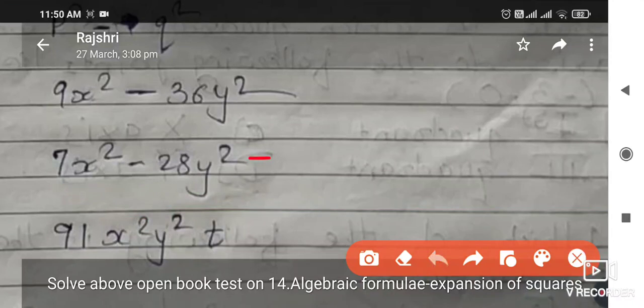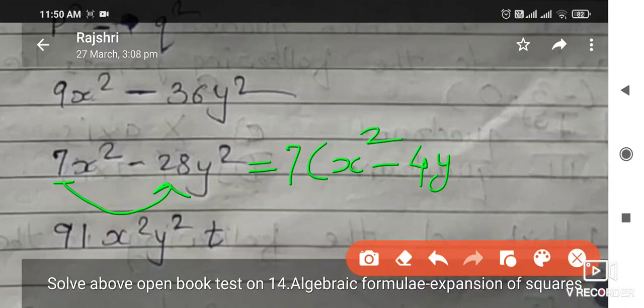So in this example we have to take out 4 as a common number. Take out 4 common. Then if you take 7, you just take it outside the bracket. So 7 comes outside, so here remain x square minus 7 times 4 is 28, and y square.